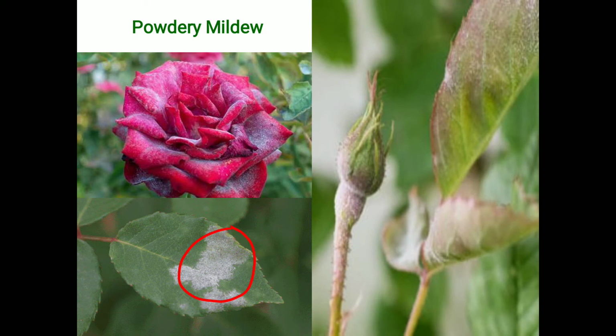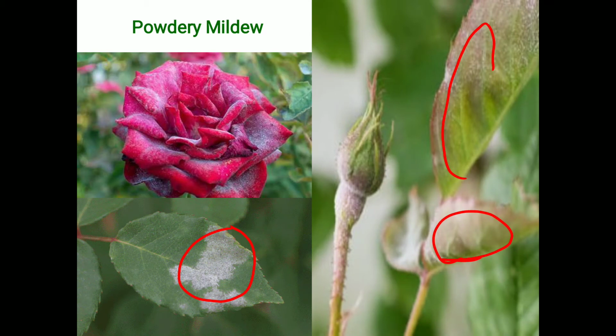When the leaves expand, they become curled and distorted. Curling of the leaves also takes place when the infestation is severe. On older leaves, mostly large white patches of fungal growth appear.